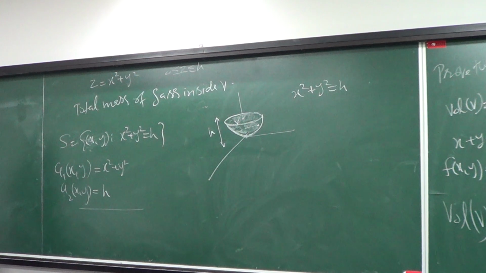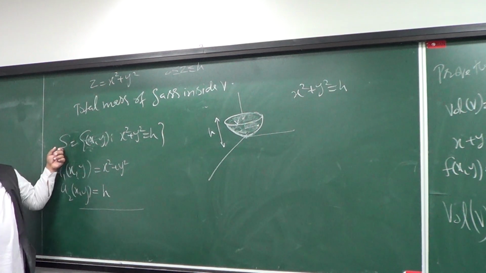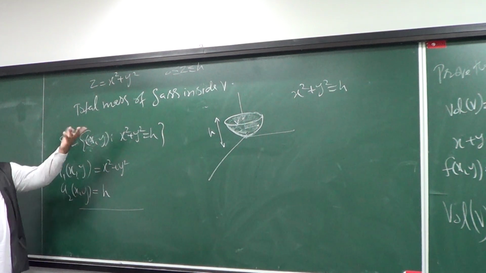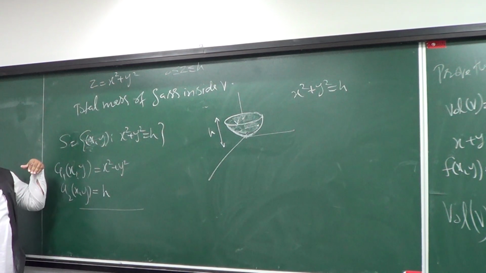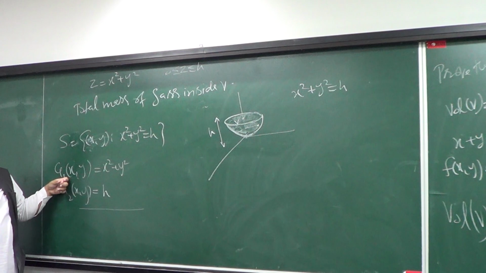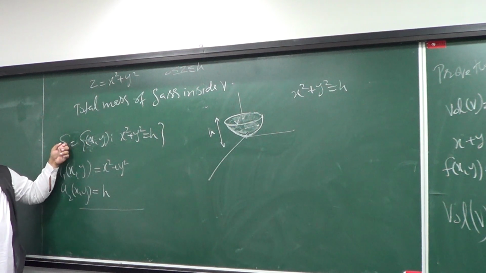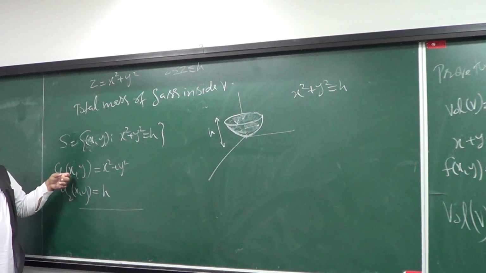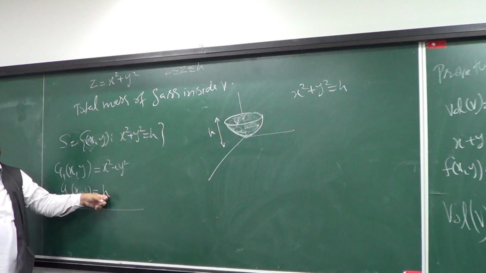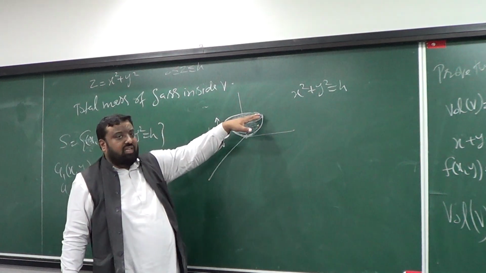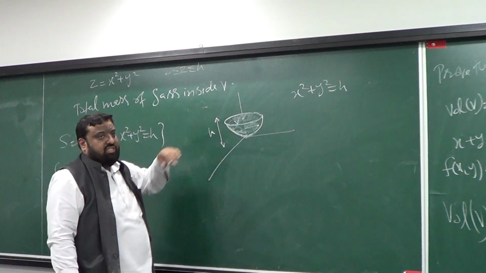I'm taking only that part of the plane that takes its input from this S. So it would be this top disk. I'm not taking the entire z equal to h, but only those points I take from S. If I take all those points from S and assign a value h to them, you automatically get this disk as a result.